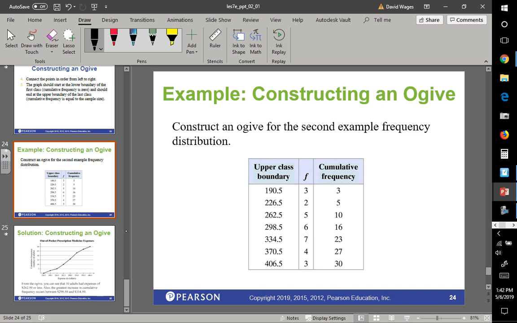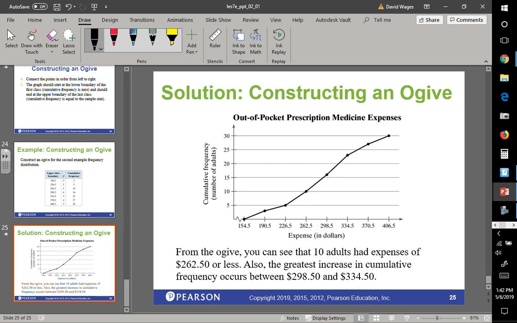So, as an example, here are some upper class boundaries for some data. These are the frequencies for each of their classes, and these are their cumulative frequencies. So the corresponding ogive will look like this.